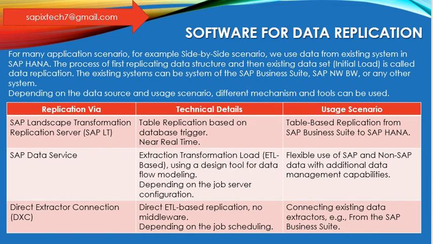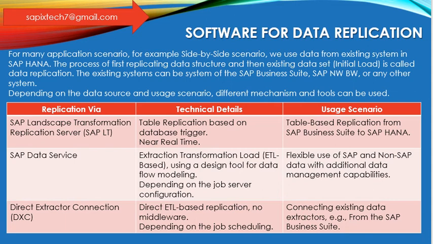And actually these are the work of the SAP basis team. So we should know only what the processes are by which the SAP team works and how data gets replicated into the SAP HANA system. Now, direct extractor connection.